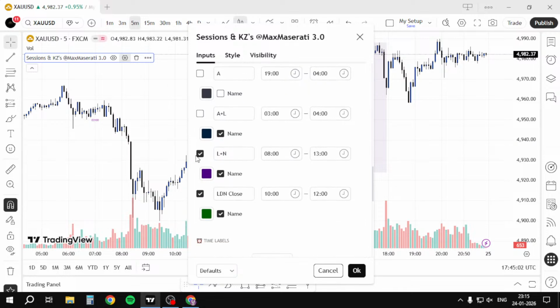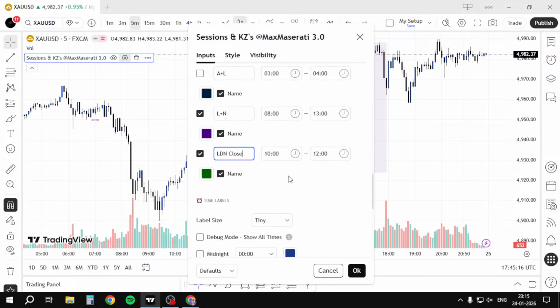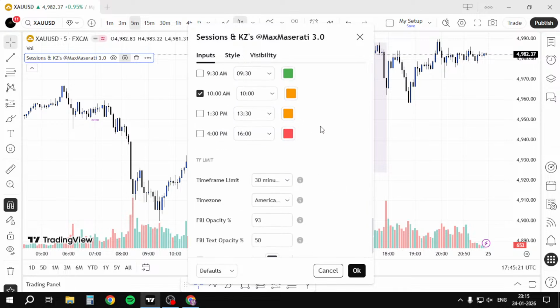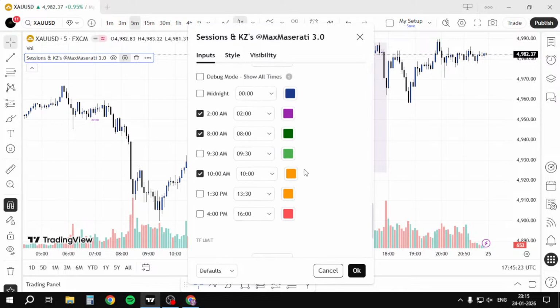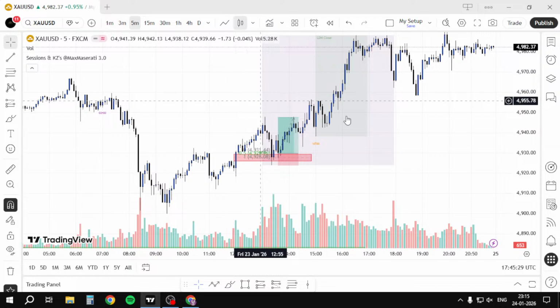Then only check two ticks, L plus N and London close. Asia and Asia plus London will be unticked. Below all will be the same, don't change this.